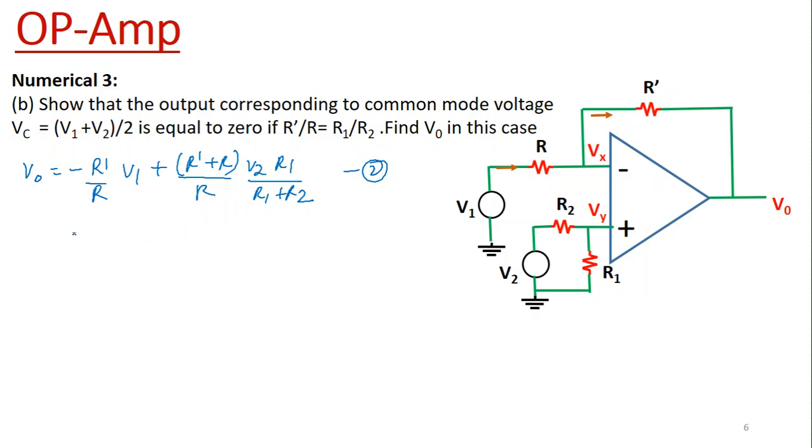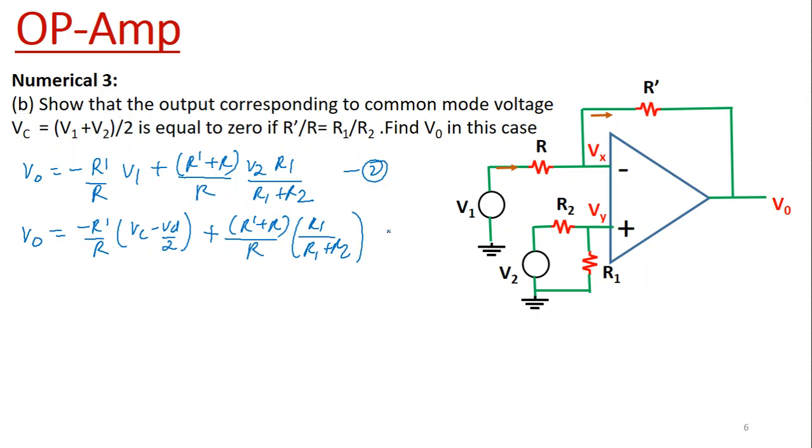Now we put the V1 and V2 values. So after putting, we get V0 is equal to minus R dash by R into Vc minus Vd by 2 plus R dash plus R divided by R, R1 upon R1 plus R2 into V2, where V2 is Vc plus Vd by 2. So this is the output voltage we are getting.